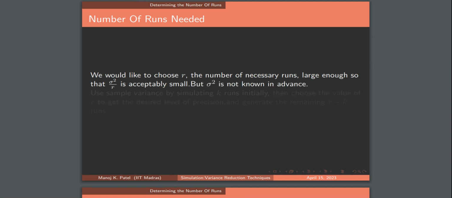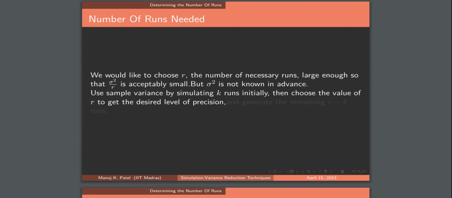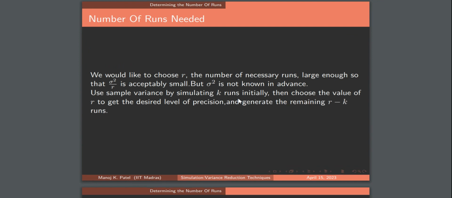But sigma squared, this variance, is not known in advance, so we'll use the sample variance. For that we first take k samples, calculate the sample variance, and then calculate this value. To get the required precision, we increase the sample size until we reach it.